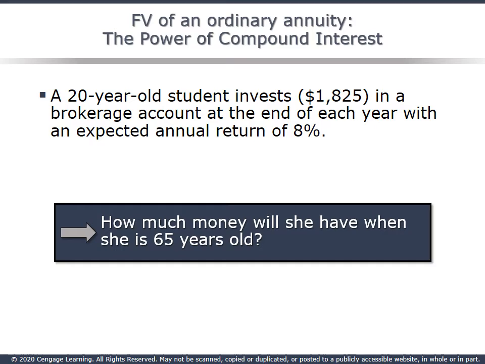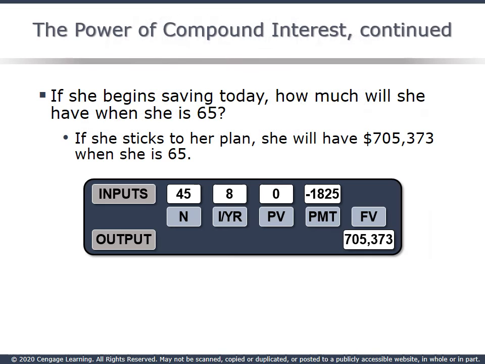What's N? How many of these deposits will she make? She's 20 today. We want to know if she makes this deposit every year, how many deposits will she have made by the time she's 65? The answer is 45.